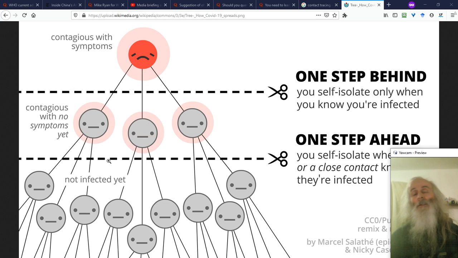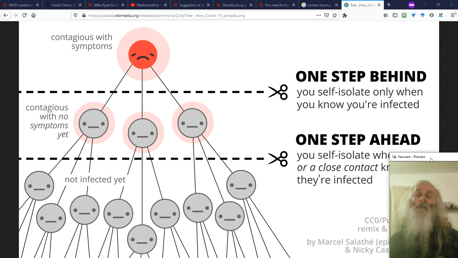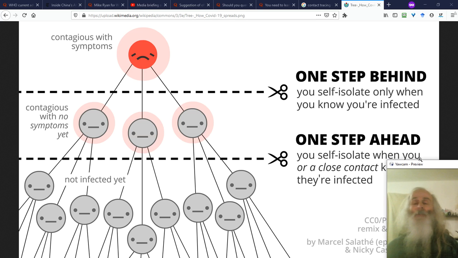So the contact tracing is to find the people that you are in contact with. The thing that most people again don't know is that you can do your own contact tracing. You don't need to wait for someone to ring you up.